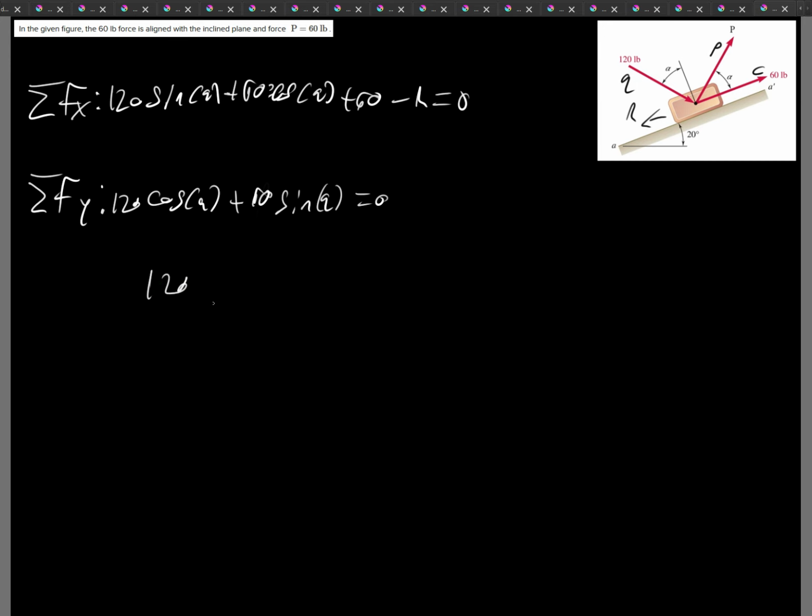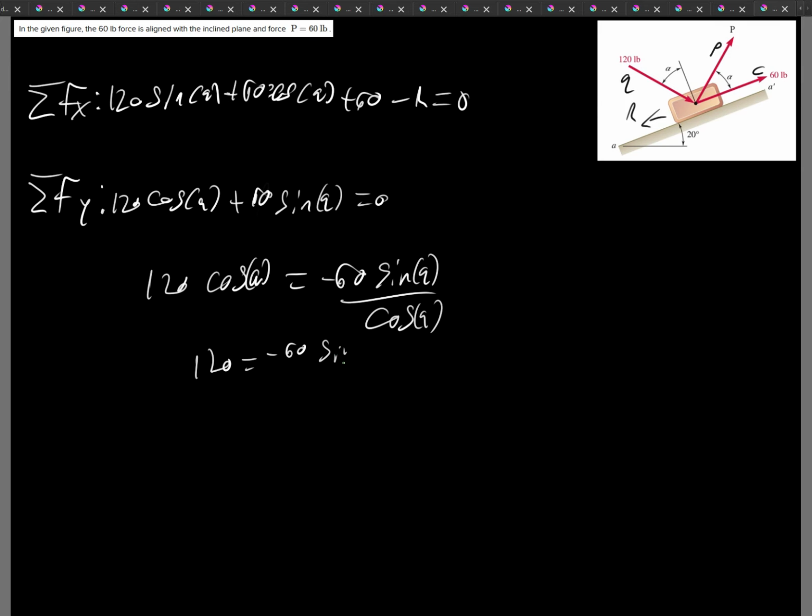So we can say 120 cosine A equals negative 60 sine A. Now we can divide this by cosine A. And this gives us 120 equals negative 60 sine A over cosine A. Well, sine over cosine is tan, so that's tan of A. Now divide each side by negative 60, or just 60.